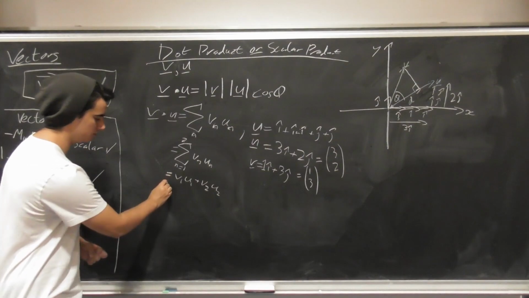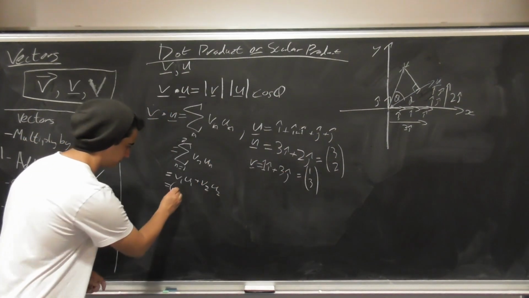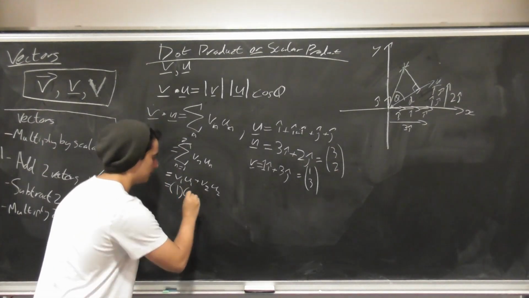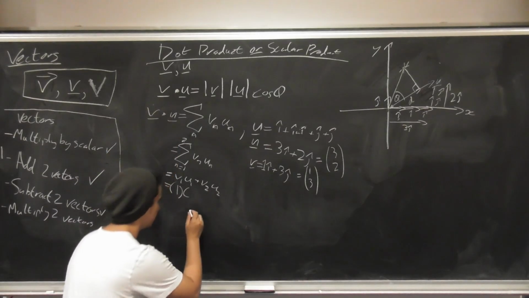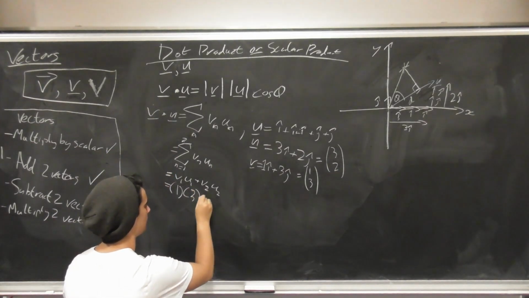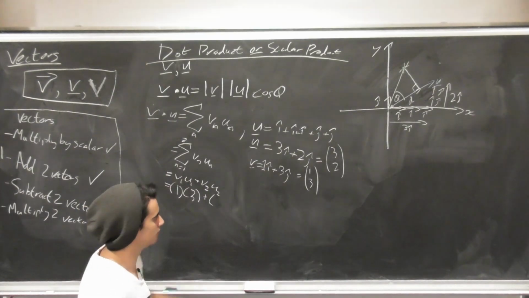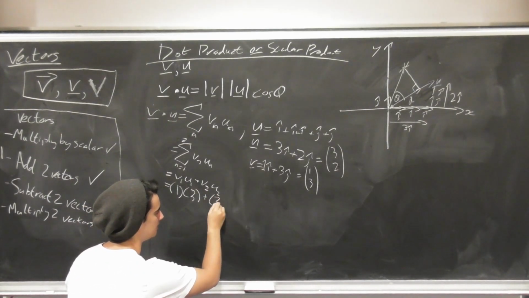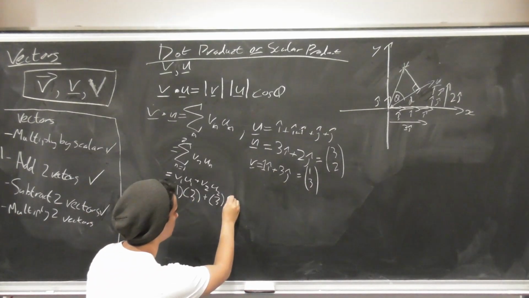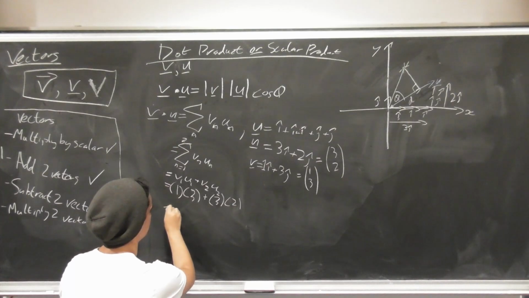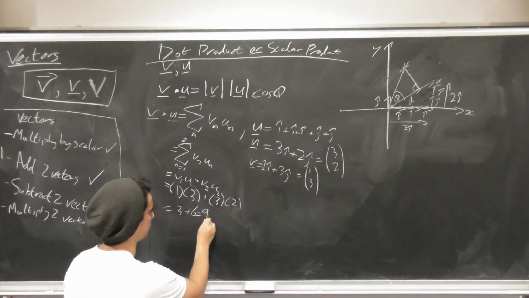Our v1 is just 1, and our u1 is 3. Then we add that together with v2, the second component in the v vector, which is a 3, and the second component in the u vector, which is a 2. Then we just sum these up. We get 3 plus 6, which is 9.